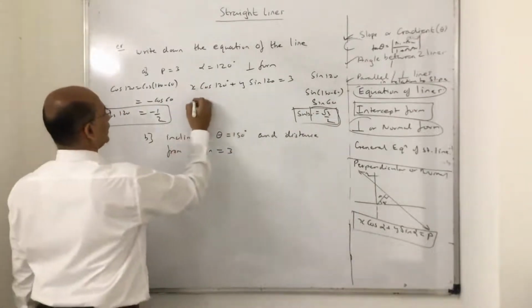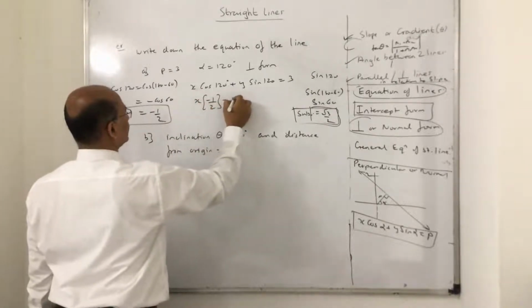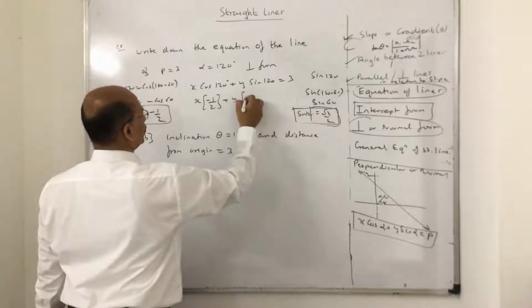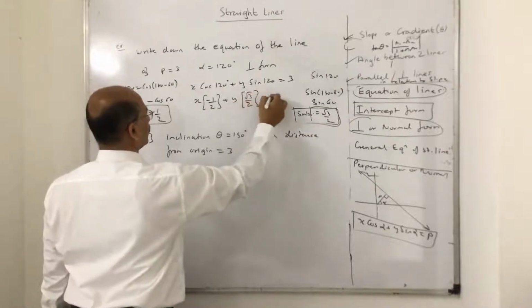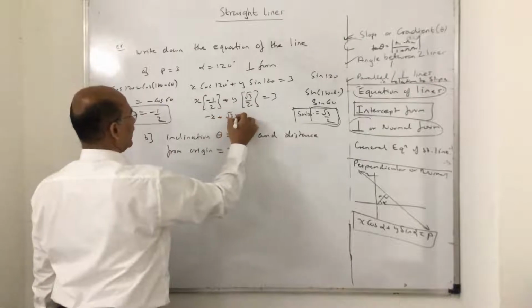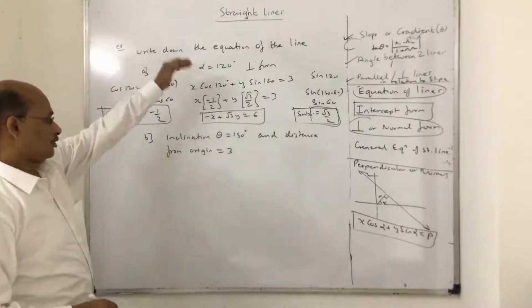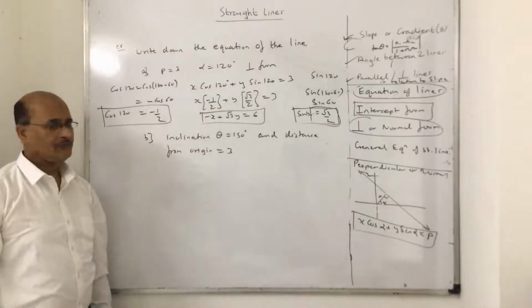So this will become x into minus 1 by 2 plus y into root 3 upon 2 is equal to 3. So our answer is minus x plus root 3 y is equal to 6. This is my equation of the line based on this particular formula.